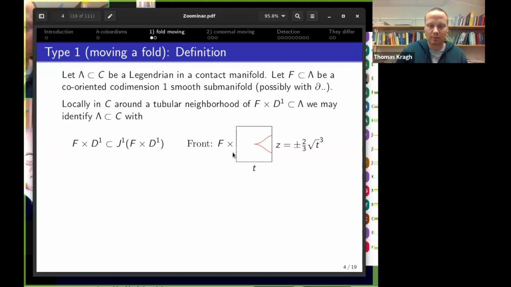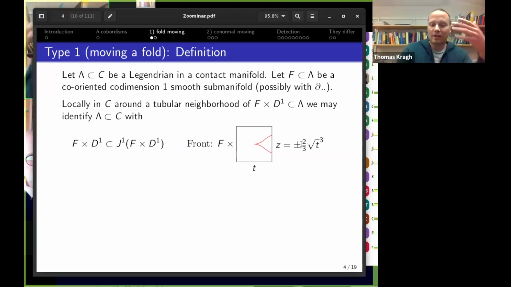So I'm just drawing what the front projection looks like. But that means this basically depends only on the last coordinate D1. It's really just the front is given by plus minus 2/3 square root of t to the third. And this is the usual way to write the standard fold. The 2/3 is not really important.